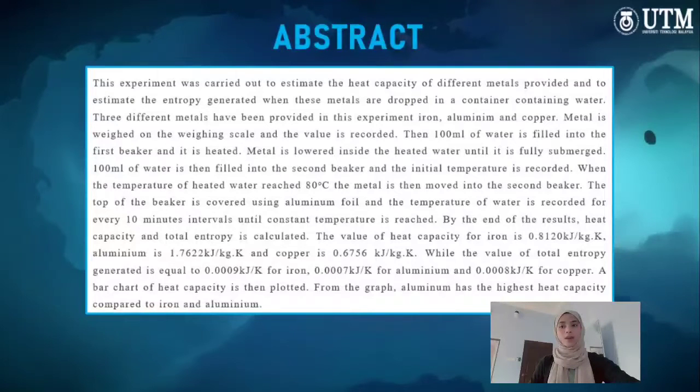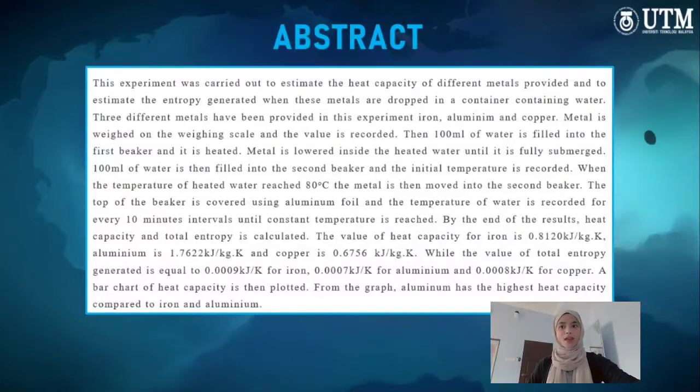The value of heat capacity for iron is 0.8120 kJ per kg.K, aluminium is 1.7622 kJ per kg.K and copper is 0.6756 kJ per kg.K.